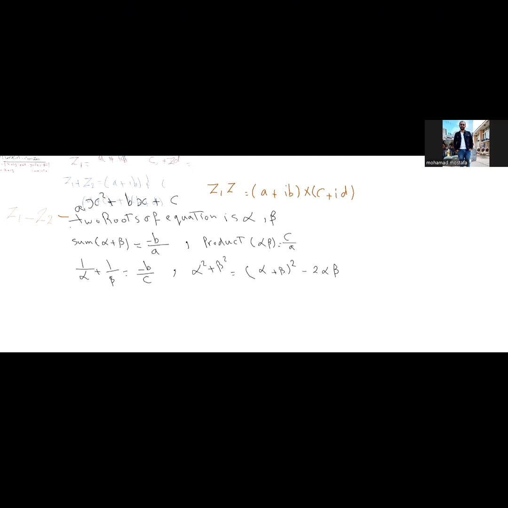If I want the difference alpha minus beta, we take the square root, and here alpha plus beta whole power 2 minus 4 alpha beta.